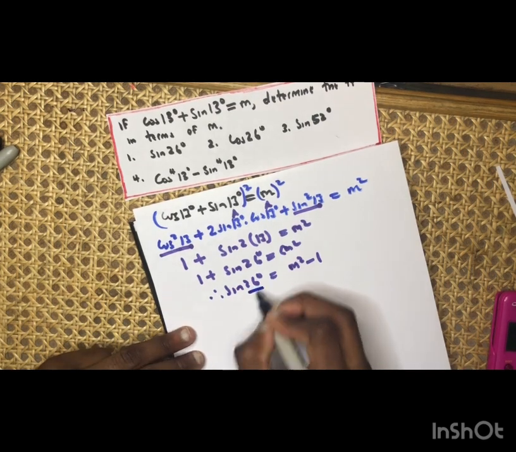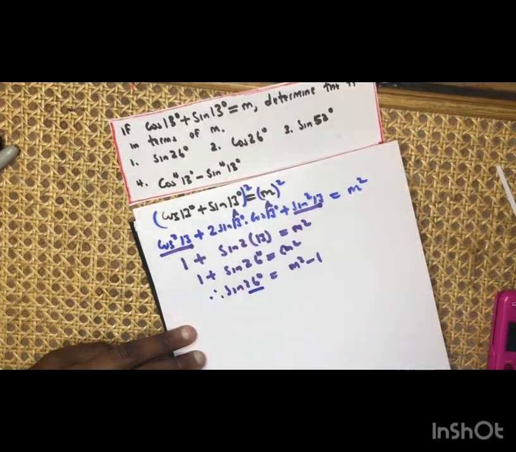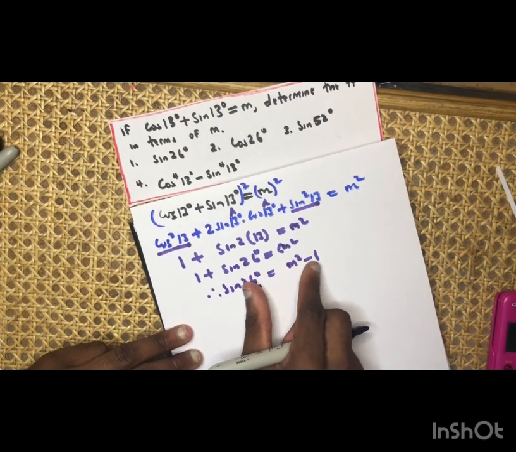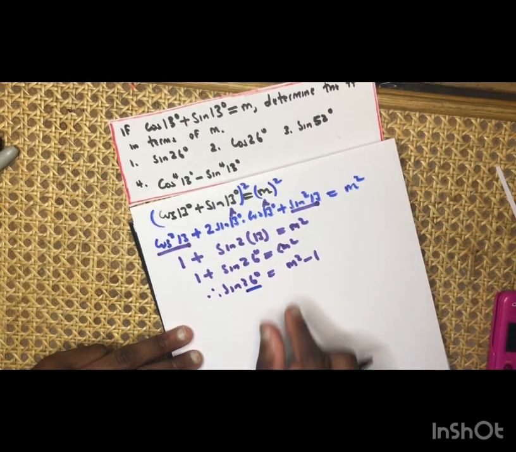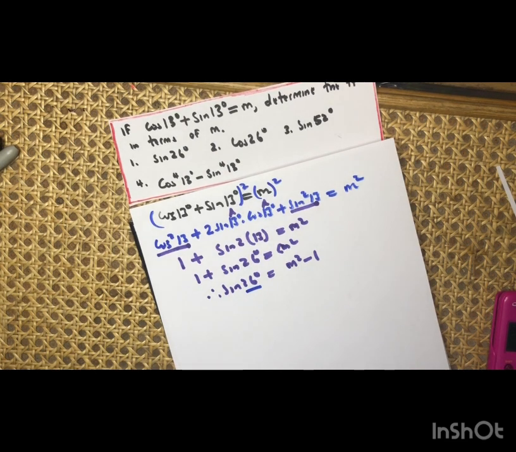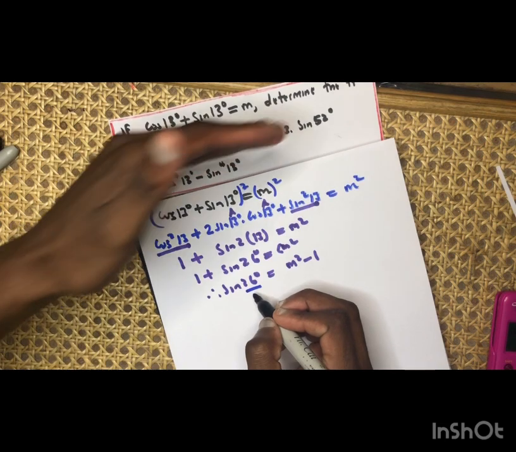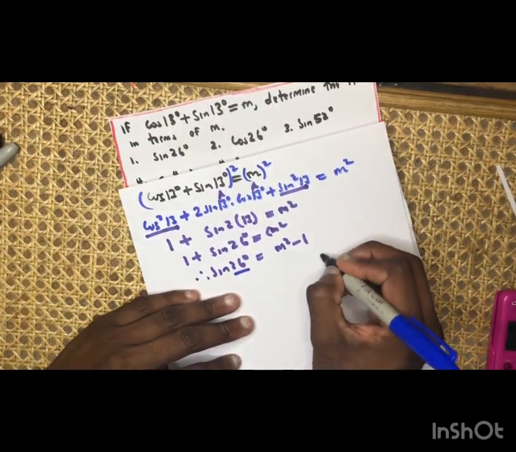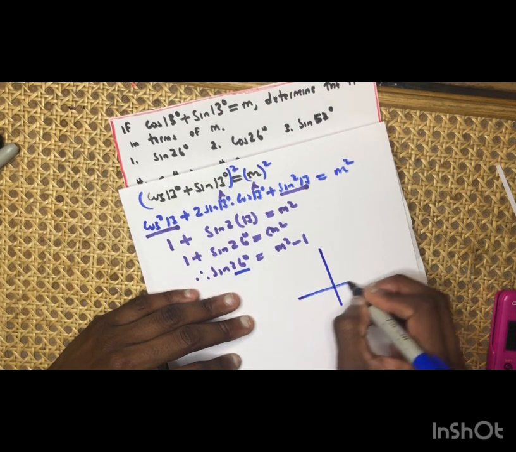So this number 1, guys, will help us to get all the other angles. So I'm going to use this angle to find the other questions. I'm going to illustrate this one on the diagram.